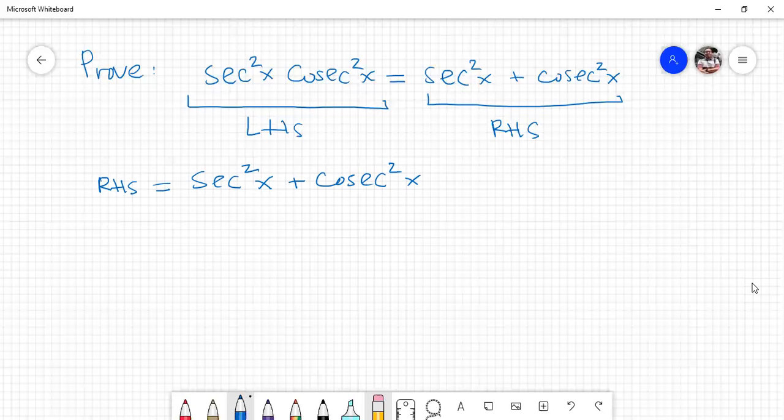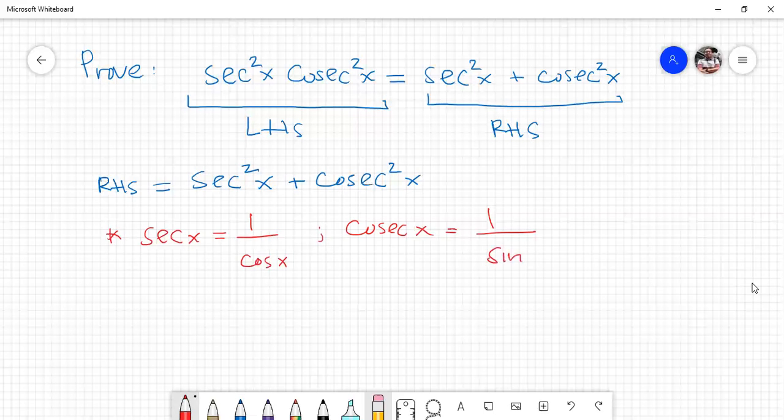Then, recall that there are several basic trigonometric identities that you have to remember and understand. Secant is the reciprocal of cosine, so secant x equals 1 over cosine x, as well as cosecant, from the previous question, the reciprocal of sine x.